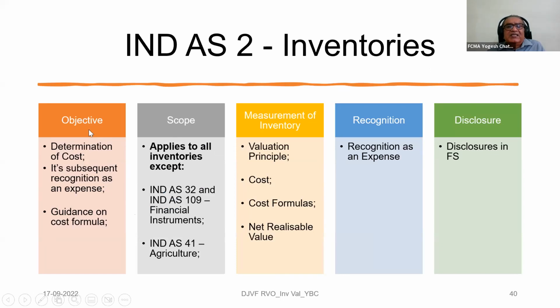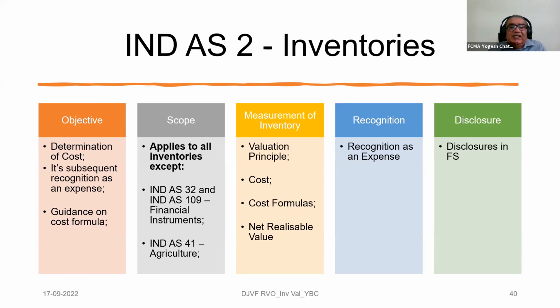Now, what is the objective of Ind AS 2? Determination of cost, subsequent recognition as an expense, and guidance on cost formula. These are the objectives. What is the scope? It applies to all inventory except under Ind AS 32 and 109, that is, financial instruments. So for inventory of a financial instrument, this standard will not be applied.